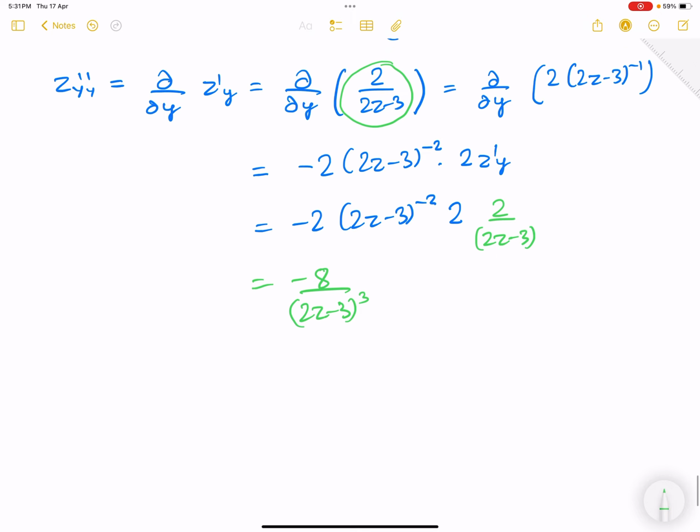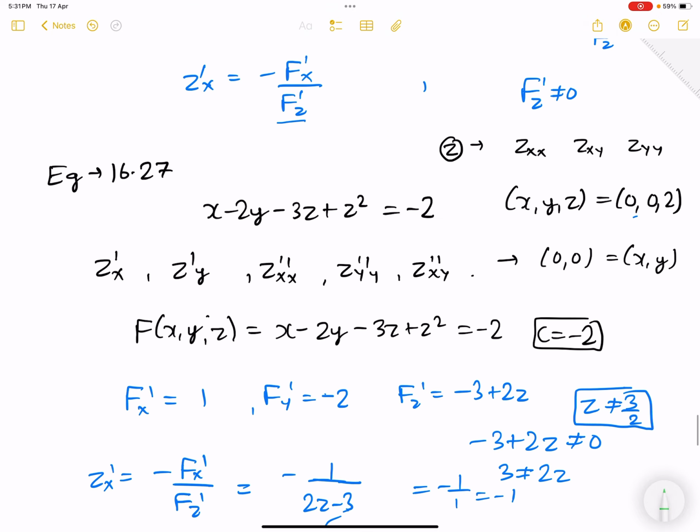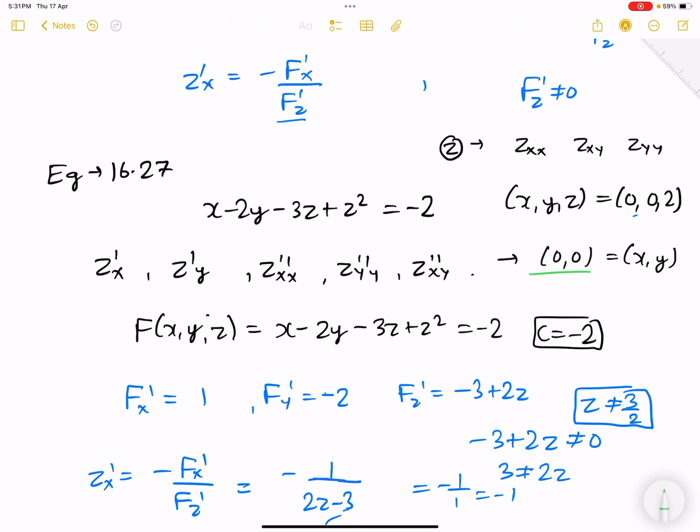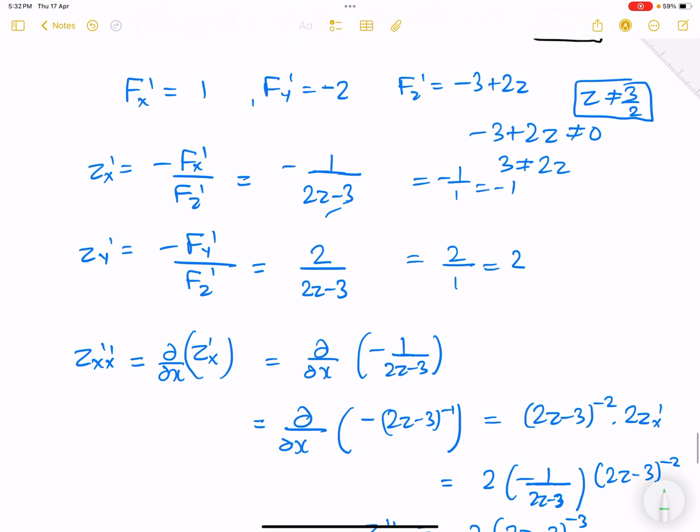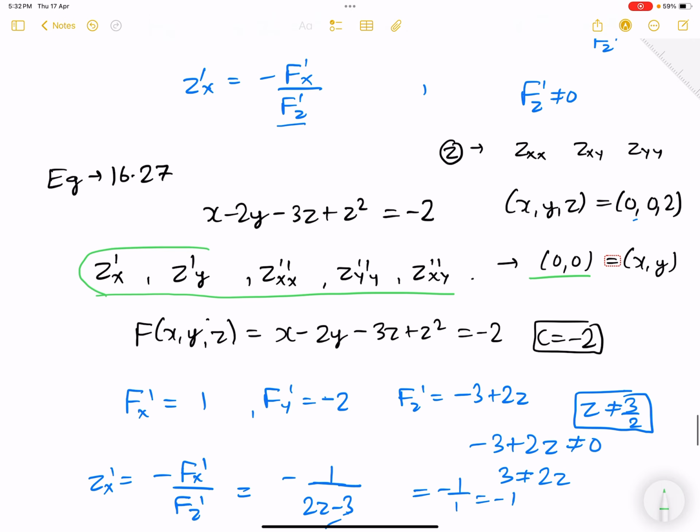Now अब उन्होंने बोला था कि we are supposed to find at 0 0 z dash x all these things. No, not the first two things, the rest three things we were supposed to find.